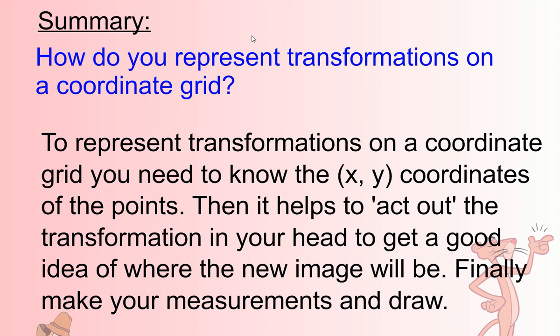Like if you imagine zooming out, the image becomes smaller. Or if you imagine acting out a translation where it shifts, either just moves left or right or up or down. Or even the reflection, imagining what it would look like if you flip it across the y-axis or the x-axis. Finally, make your measurements and draw. Finally, after you know where it should be and what it should look like, you make the appropriate measurements, and then you draw your new image.